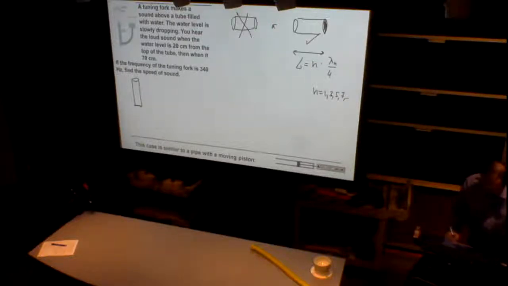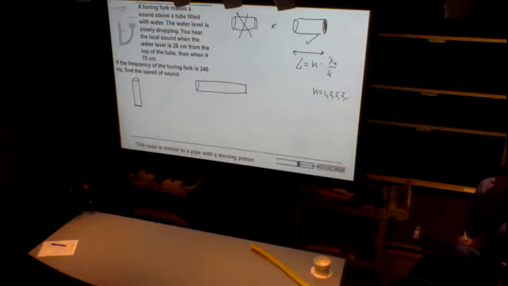And we are generating several waves. First time we can hear a loud sound when the water level is 20 centimeters. I make it horizontal. It's easier for me to draw 20 centimeters. So at first time, the water level is here.